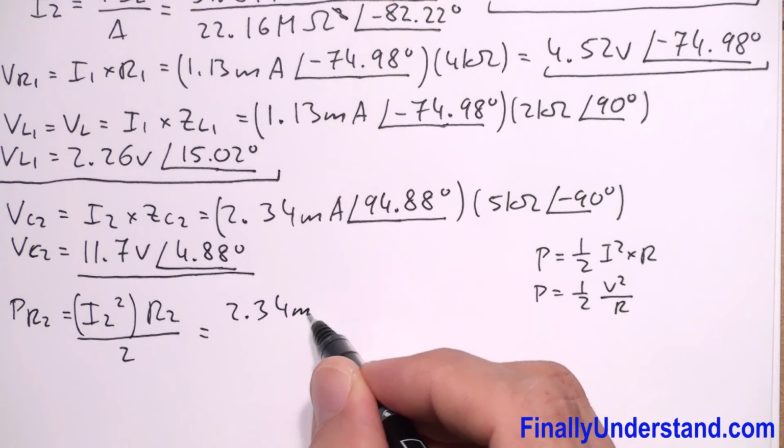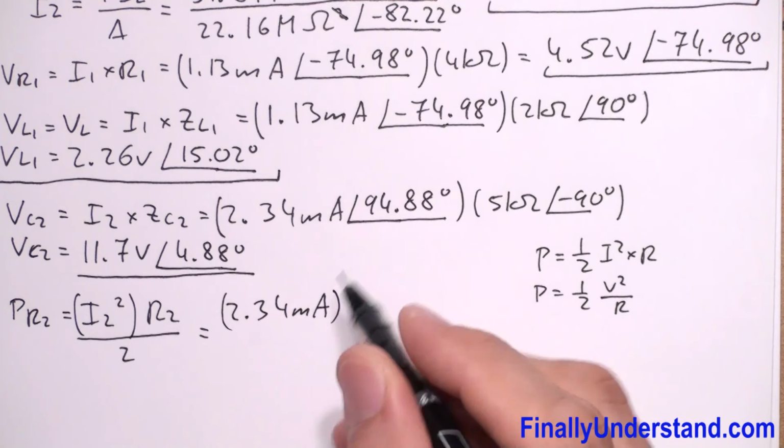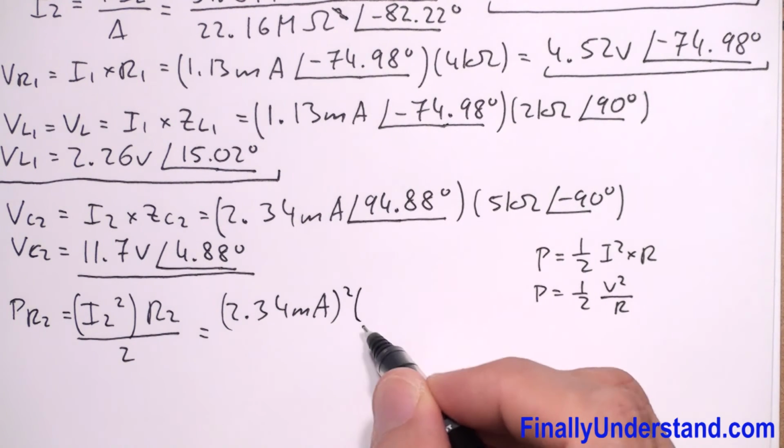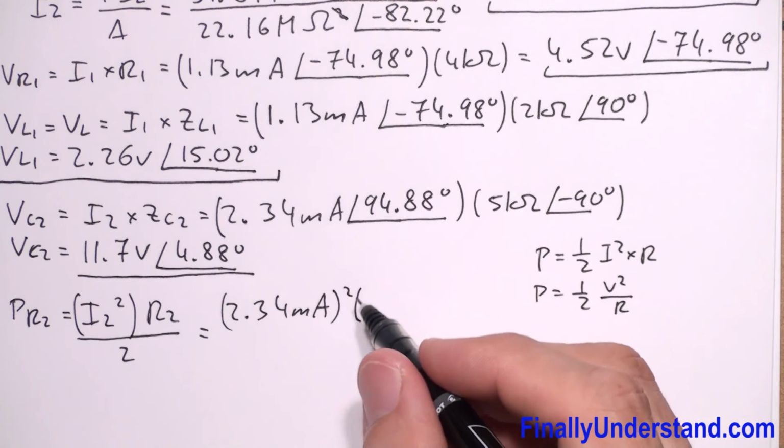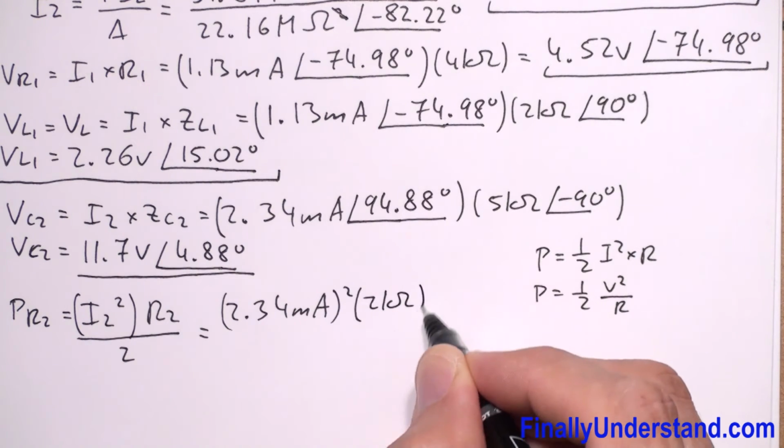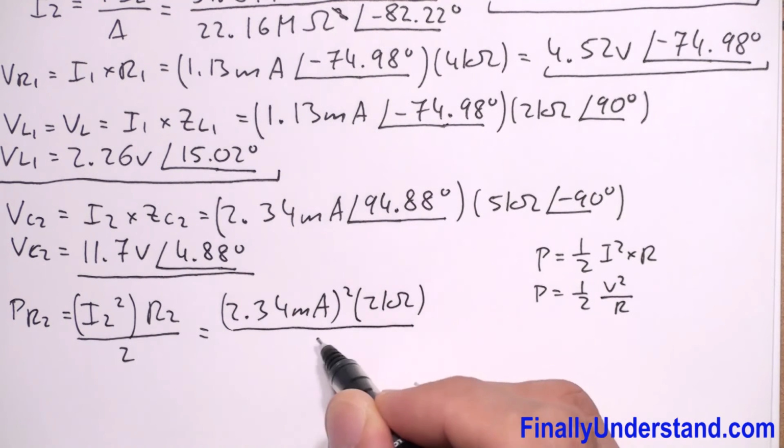So I have 2.34 milliamps raised to the second power times R2, which is equal 2 kilohms, and we have to divide everything by 2.